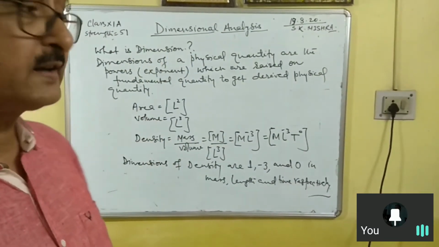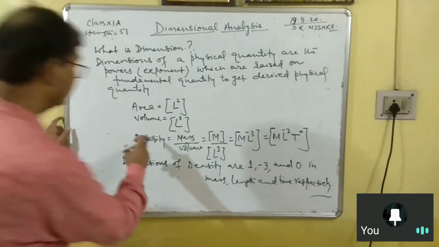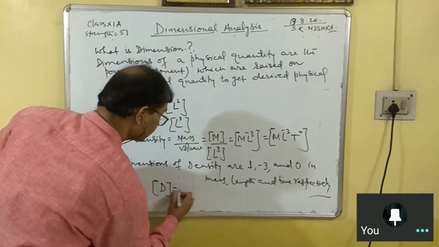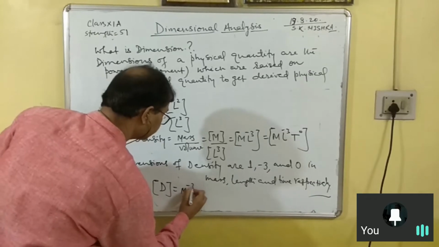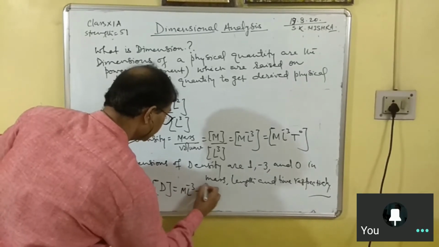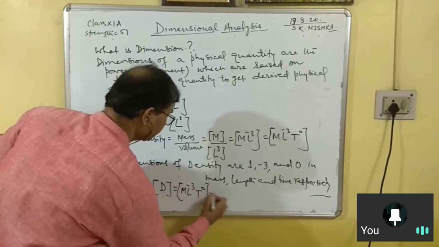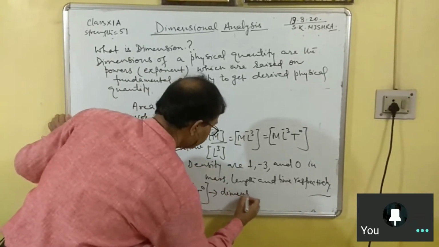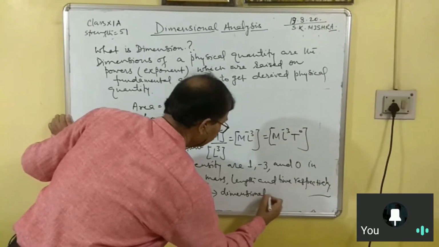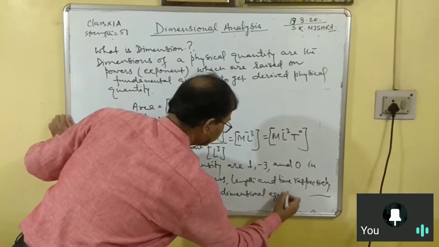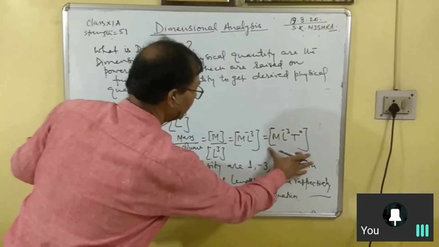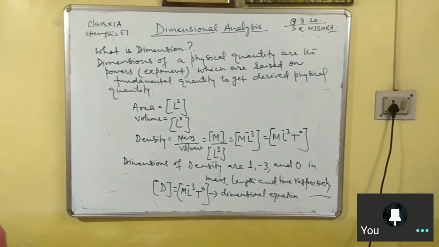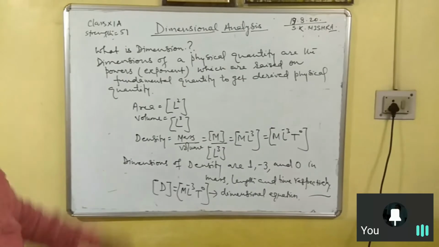If you represent density by D, then D equals M L minus 3 T raised to 0. So this is called dimensional equation. And this one alone is called dimensional formula. Okay. Now take the snapshot.